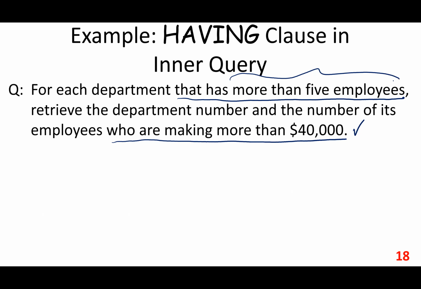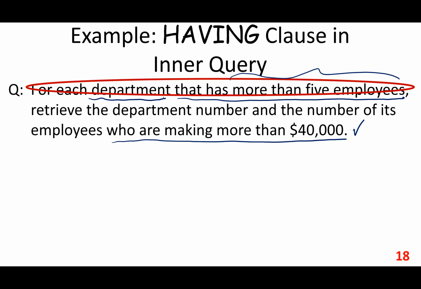Because this condition is applied on individual groups based on the department. One department corresponds to one group. So that's the group condition. So when you use the having clause, you apply it on that group condition.